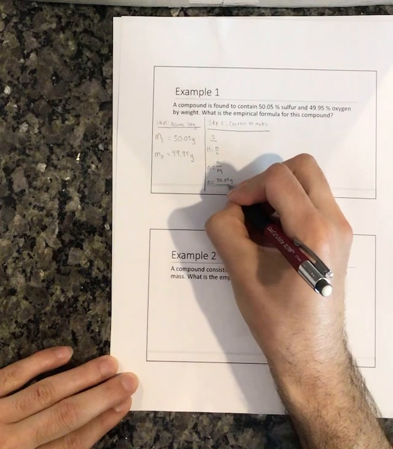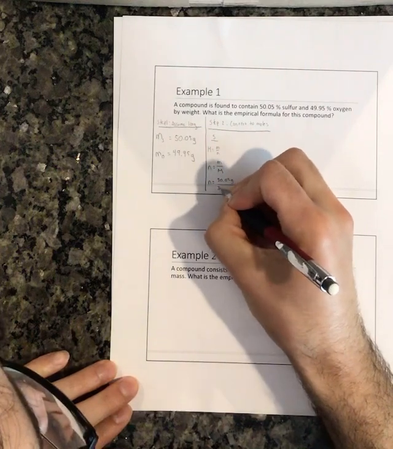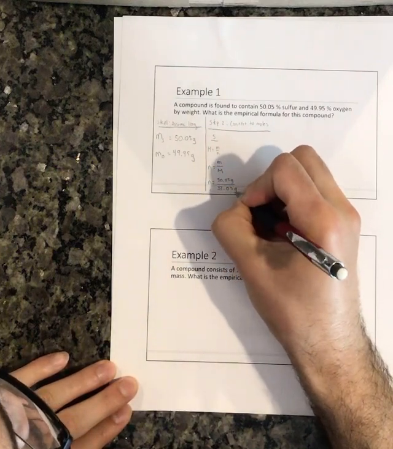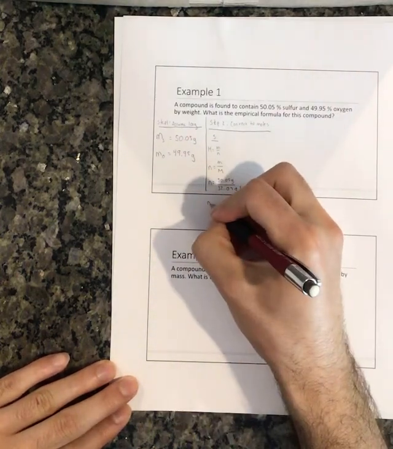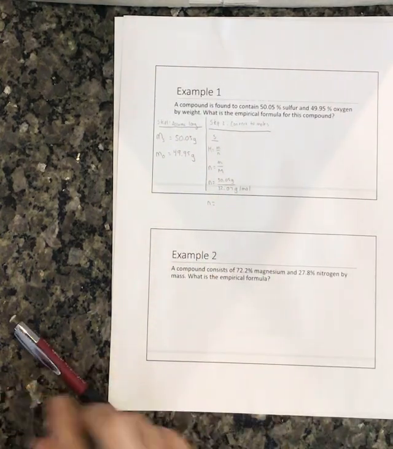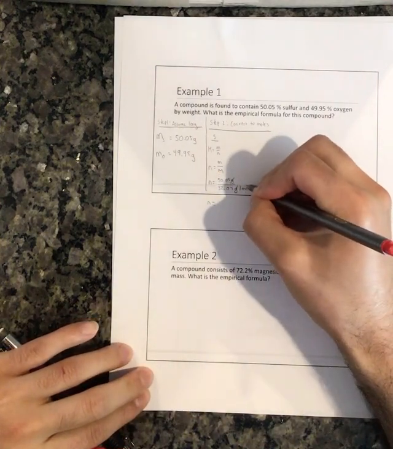And we're going to divide it by the molar mass of sulfur. So if we look at our periodic table, it has 32.07 grams per mole. Now, as you guys know, the grams are going to cancel each other out. We'll be left with moles.